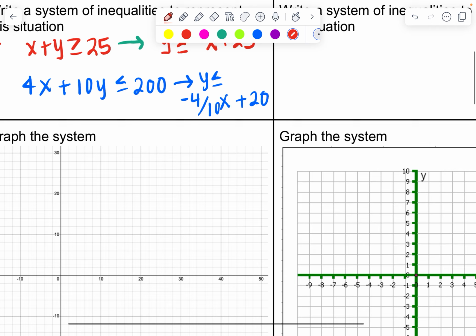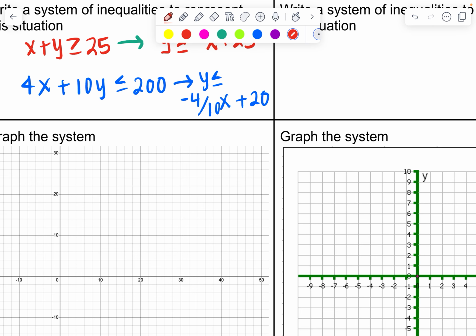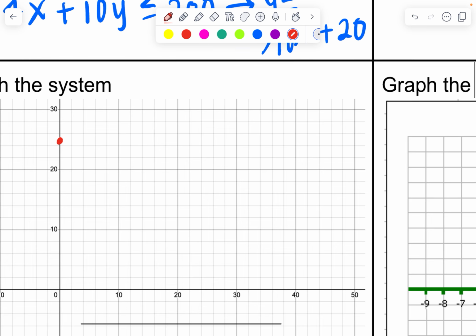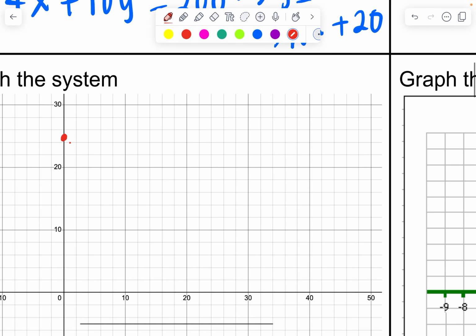So let's graph our first one. We have a Y-intercept of 25. It looks like each of these are going by 2, so 25 would be right here. And then my slope is -1. So I'm going to go down 1 and over 1. Again, each box equals 2.